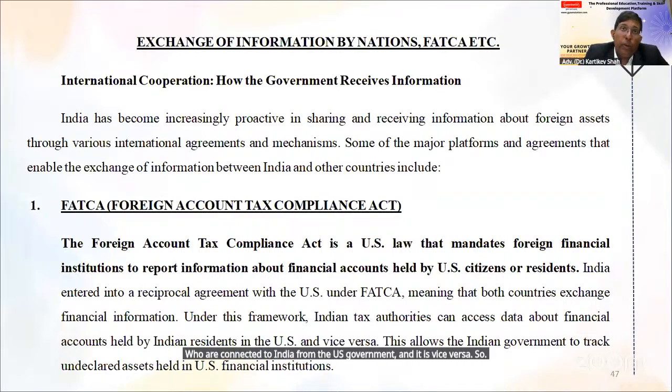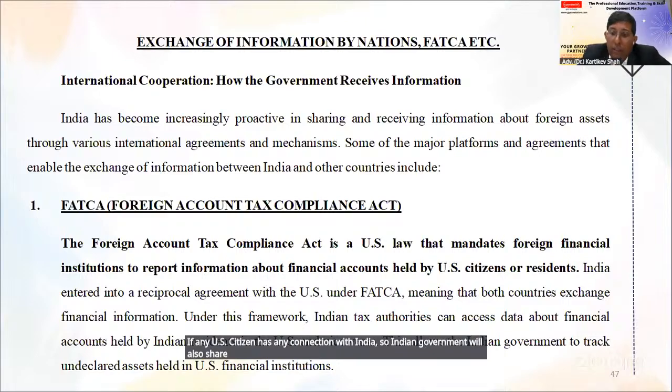So if any US citizen has any connection with India, the Indian government will also share all the details regarding financial or tax compliance with the US government.